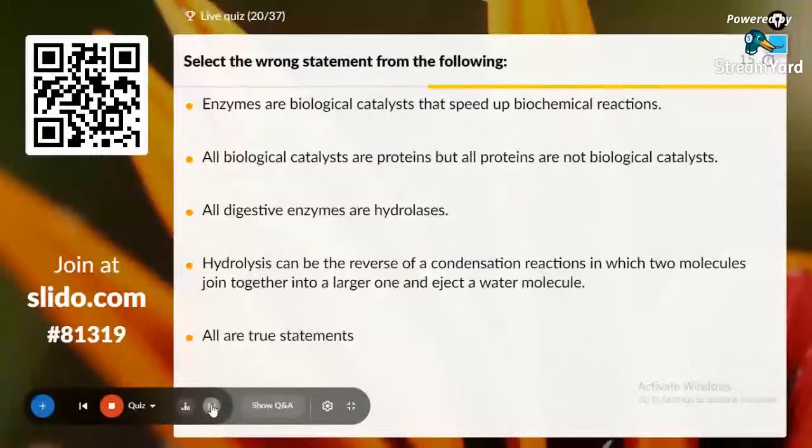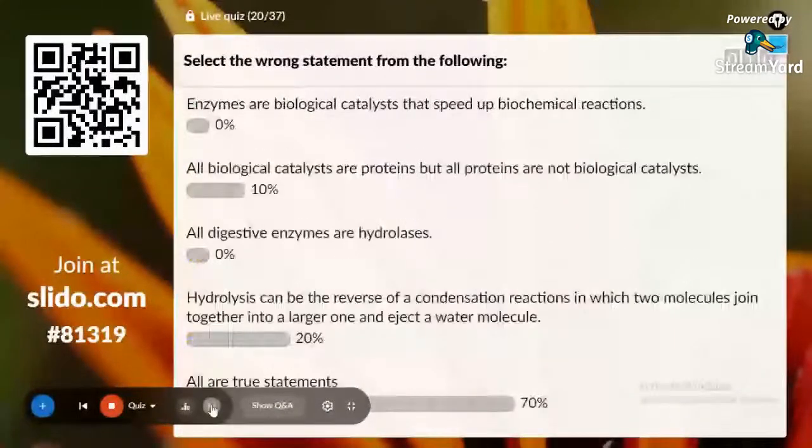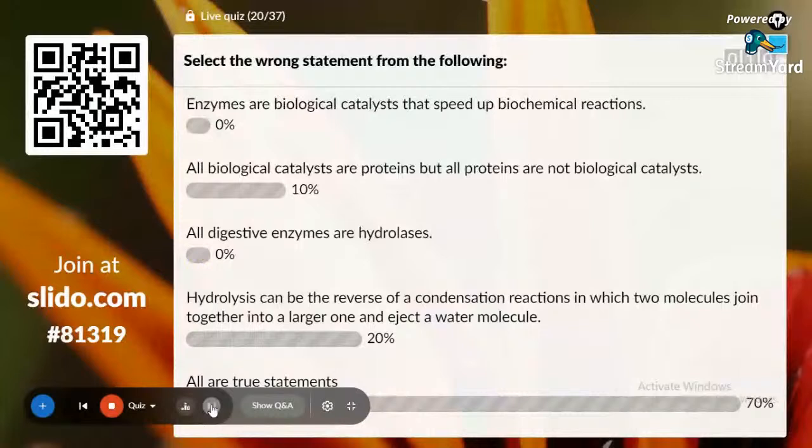Option A, enzymes are biological catalysts that speed up biochemical reactions. All biological catalysts are proteins, but all proteins are not biological catalysts. All digestive enzymes are hydrolases. Hydrolysis can be the reverse of a condensation reaction in which two molecules join together into a larger one and eject a water molecule.